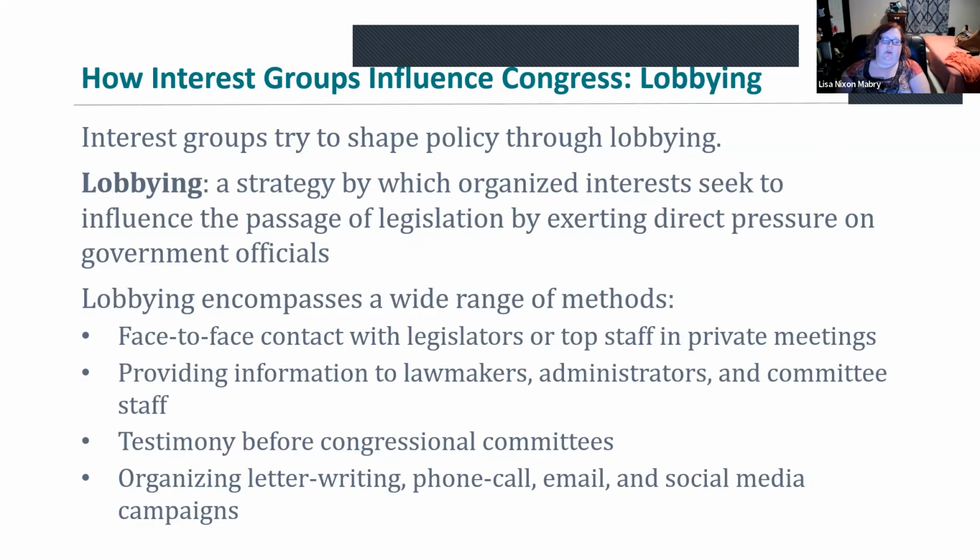So they do that through several things: face-to-face contact with the legislators themselves, or top staff members in private, a lot of negotiations. Hey, did you know that your constituents care about this issue? And here's why. Here's the facts about it. Because the simple fact of the matter is that an elected official doesn't know everything. And not even their staff is going to have all the answers to everything.